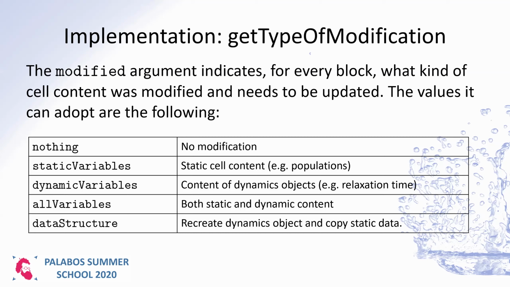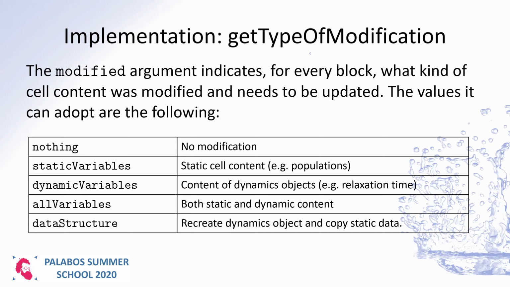If you do not only change the data of the dynamics object, but replace it by another one. Imagine that you have a data processor that goes through your lattice and says, well, on this cell, I'm going to replace BGK by bounce back, or I'm going to replace BGK by recursive regularized dynamics or something else. Then you have to tell Palabos that you did so through the keyword data structure.